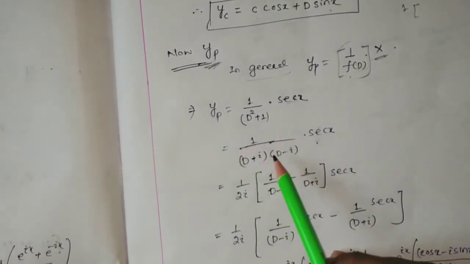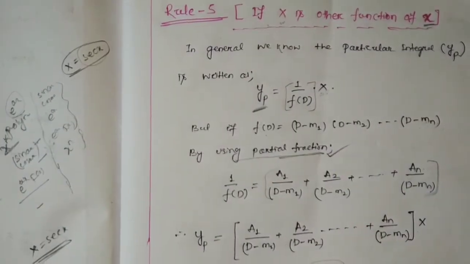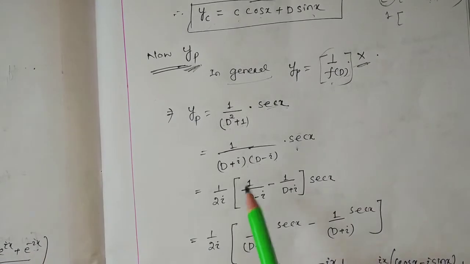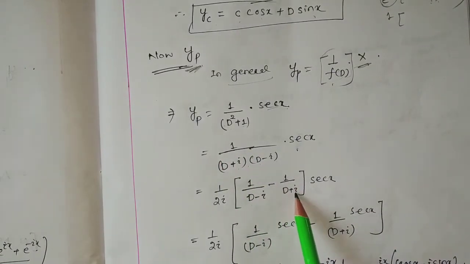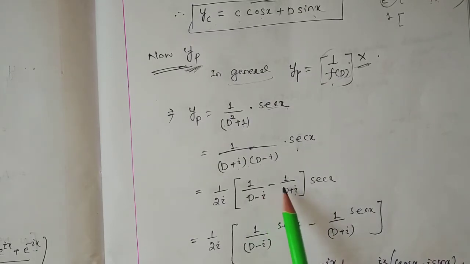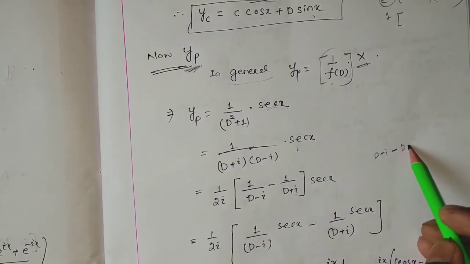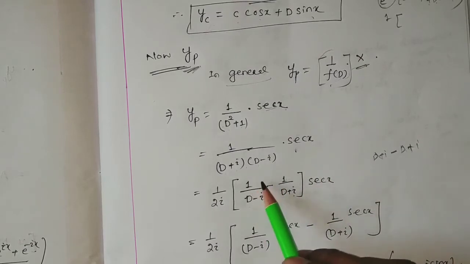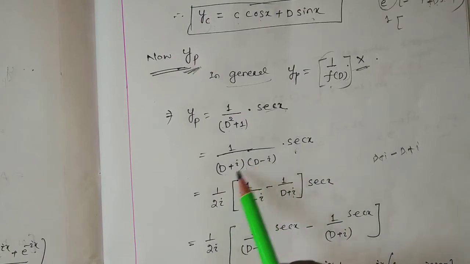By using the partial fraction method, we have to segregate this as 1 by (D minus i) minus 1 by (D plus i). If you subtract it, it will be (D plus i) minus (D minus i), so D got cancelled and in the numerator we get 2i. If we divide by 2i, it gets cancelled and we get this much.